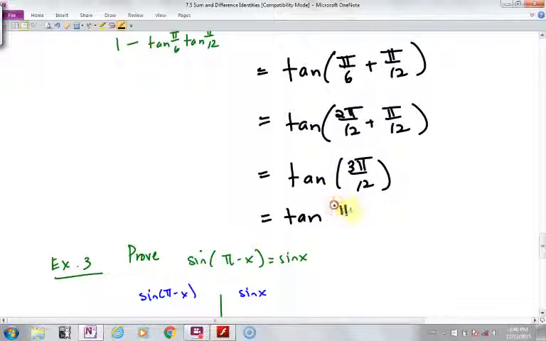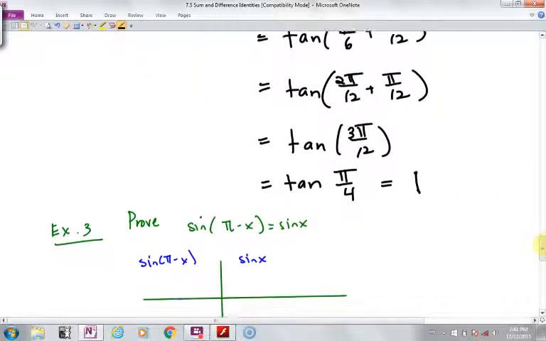Pi by 4. So that is simplified form. Except for, what is the tan of pi by 4? Everyone should know that one. Tan pi by 4 is? Pi by 4 is 45 degrees. So what's the tan of 45 degrees? 1. Okay? Questions about that one?